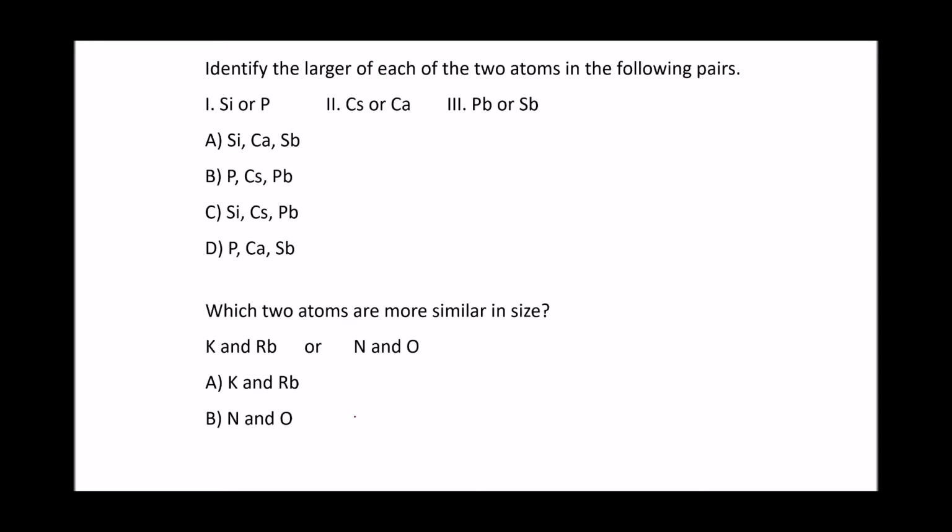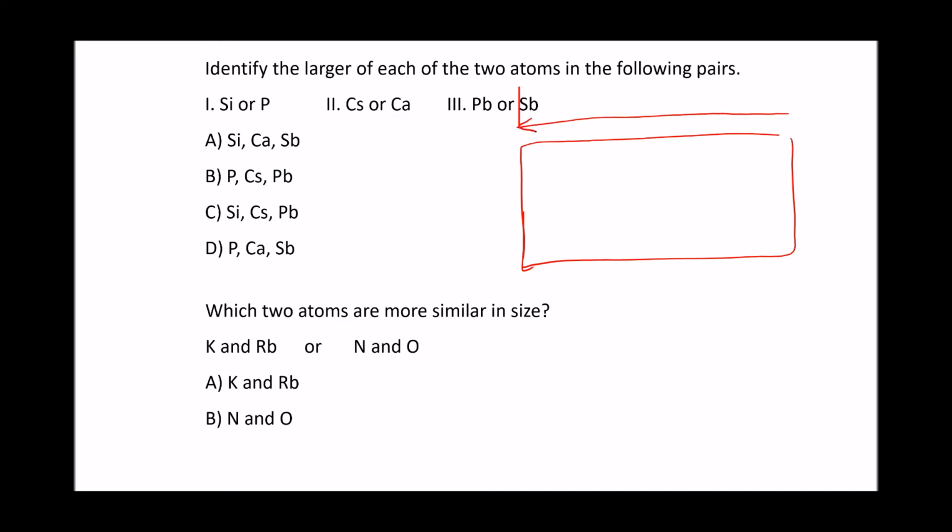And remember, it all depends on the trend throughout the periodic table. So we will get a periodic table and locate each one of these elements and see how it compares to the other element in terms of the direction of increase. Size increases from the right to the left and downward. So anything to the left is going to be larger. Anything downward in the periodic table is going to be larger.